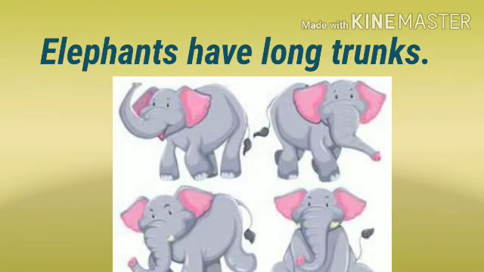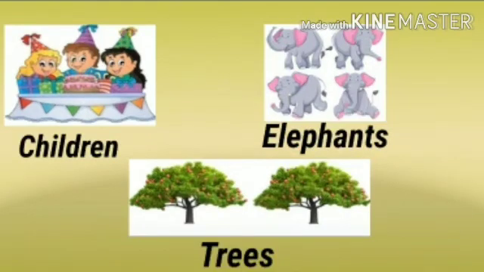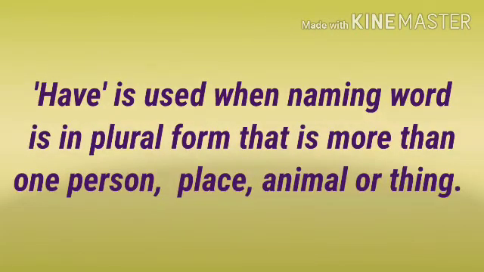Elephants have long trunks. In these examples, children, trees, elephants are plural naming words. Have is used when the naming word is in plural form, that is, more than one person, place, animal or thing.